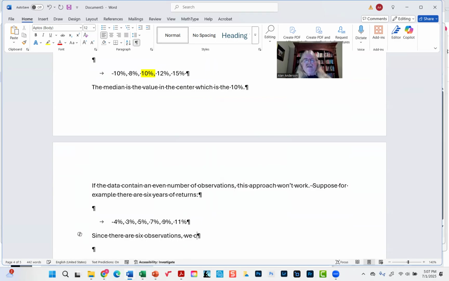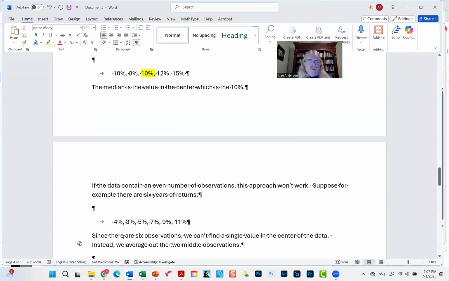We can't find a single value in the center of the data. Instead, as a compromise, we average out the 2 middle observations, which would be these 2.